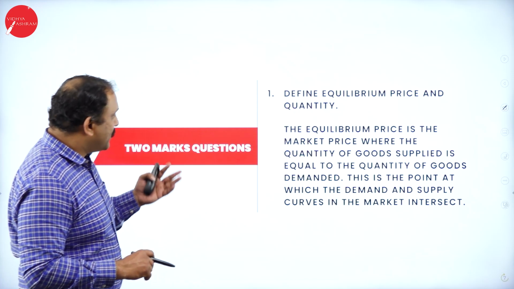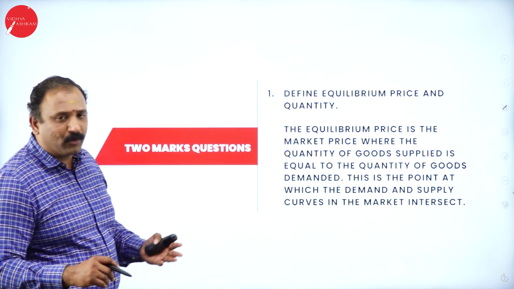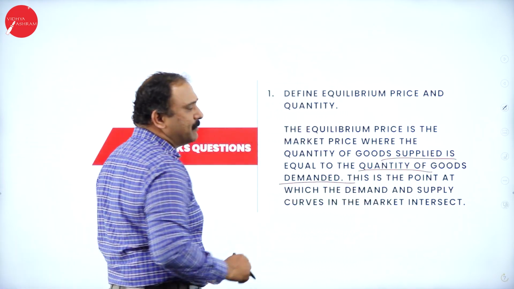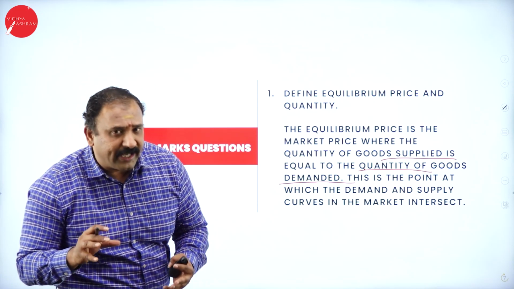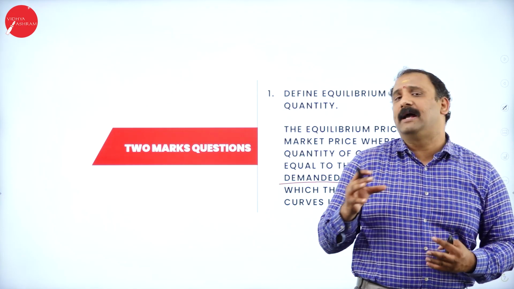Followed by a 2 marks question: define equilibrium price and quantity. Here I'm going to talk about the quantity of goods supplied being equal to the quantity of goods demanded. Again, somewhere down the lane in this 2 marks question, I'm coming back to the point of supply and demand.